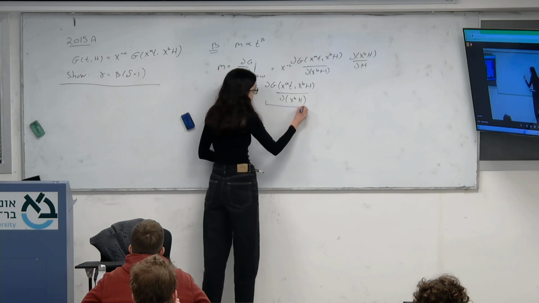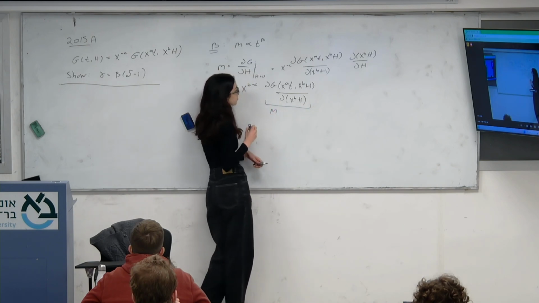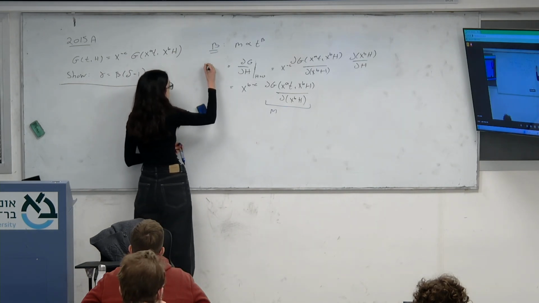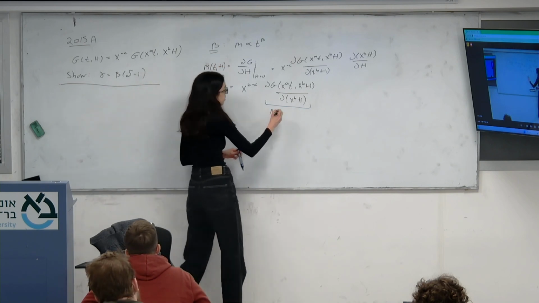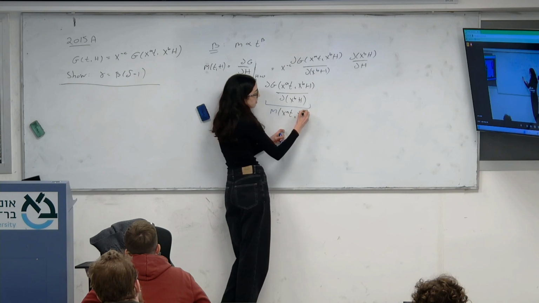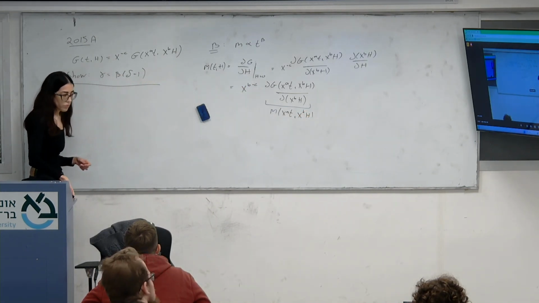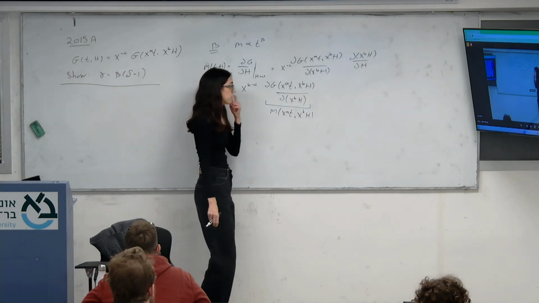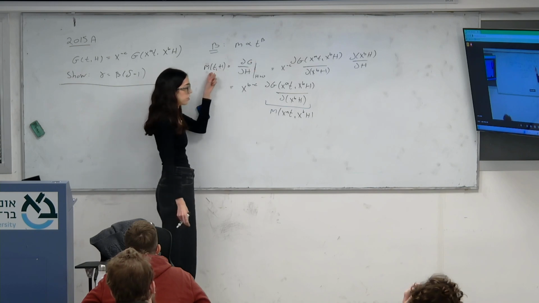But what we wrote here is basically the magnetization, but if the magnetization is a function of T, this magnetization is a function of x^a t and x^b h. So now we have a scaling relation for the magnetization instead of for G.